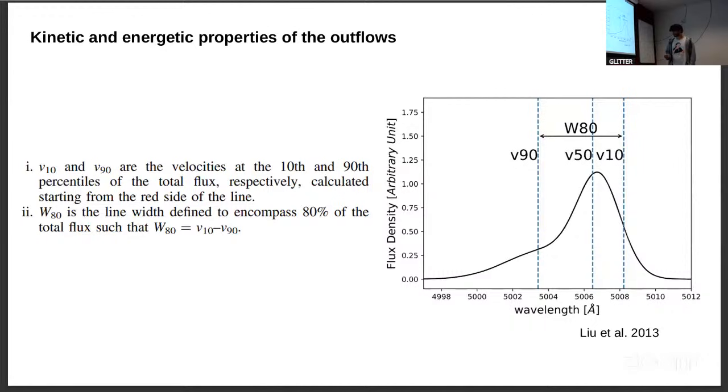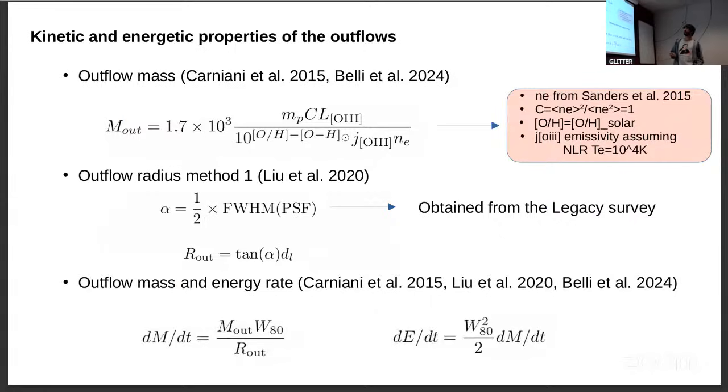We have computed the kinematic and energetic properties of the outflow. The W80 velocity is the typical outflow velocity estimator. It's defined as the width containing 80% of the flux. I don't want to go into the equations.